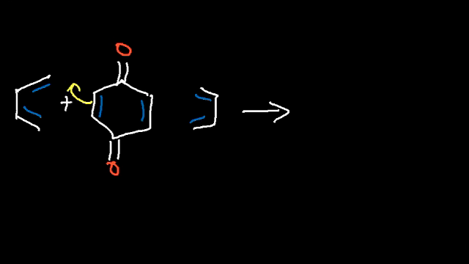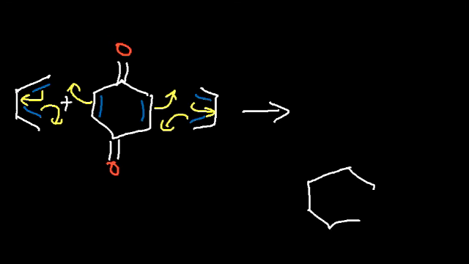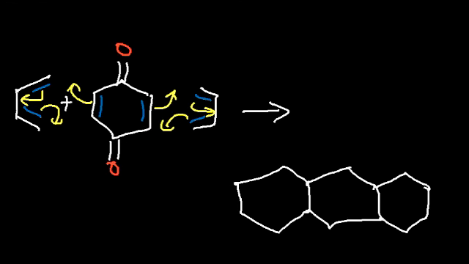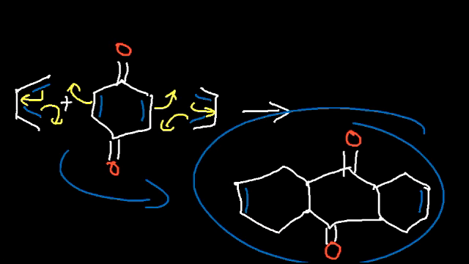So here we're going to have a Diels-Alder reaction, and we're also going to have another one here as well. So we're going to create two additional rings. And we're going to have a double bond on these two sides, and that's about it. So this is the product for this reaction.